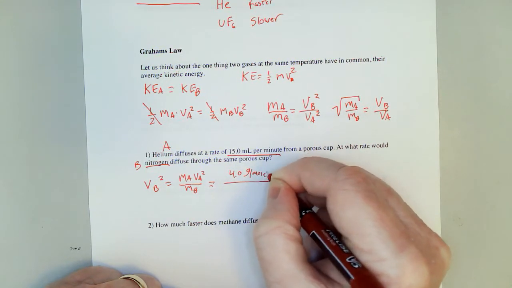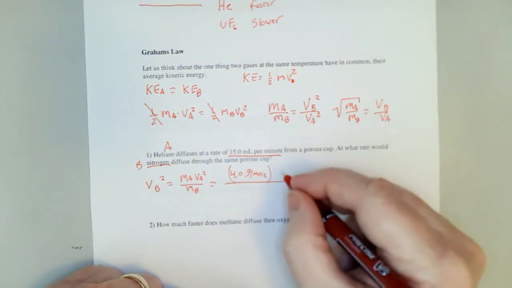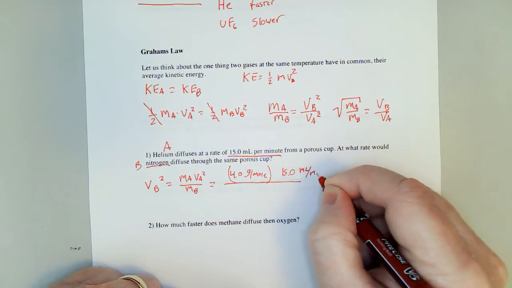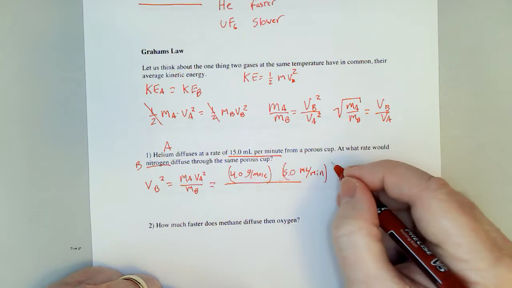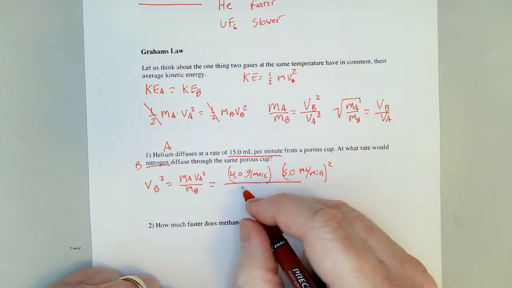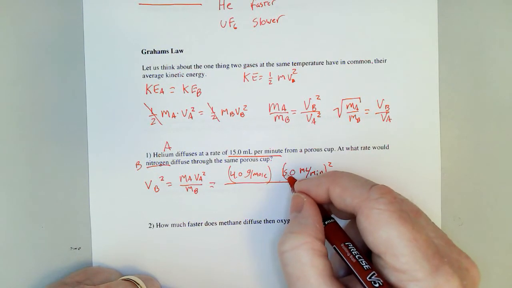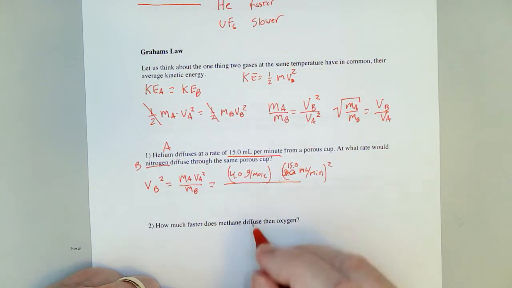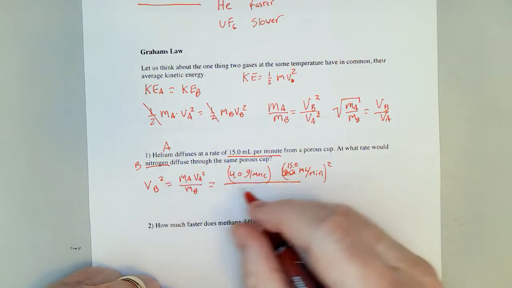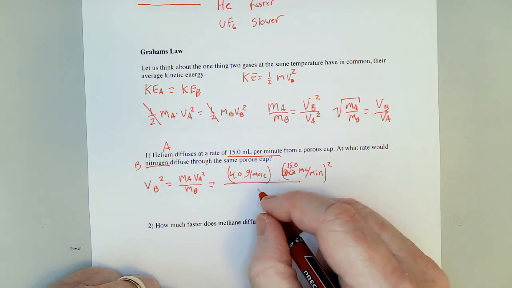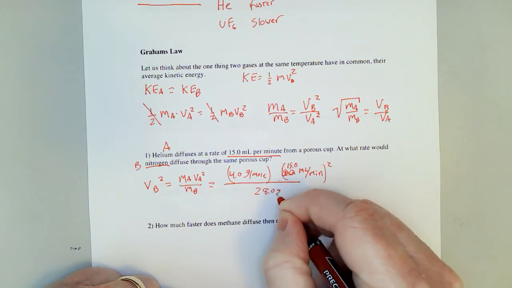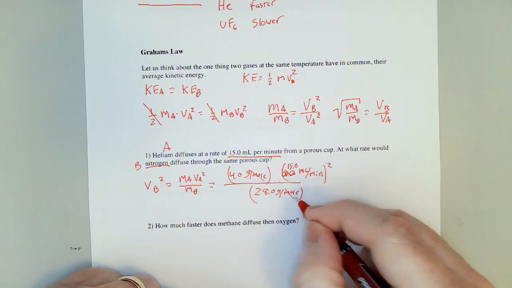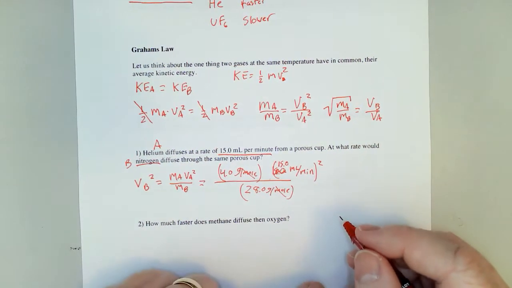Get that off the periodic table. And we were told it's moving at 15.0 milliliters per minute, which we're going to square. And the molar mass of nitrogen gas, that's N2, is going to be 28.0 grams per mole. Grams and grams cancel.